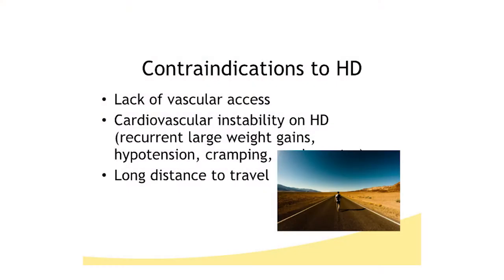What factors will tend to oppose conventional dialysis in-center? Those are lack of vascular access. So if you cannot get an arm or a thigh graft or fistula or catheter, and you have to do it in the abdomen, that's obviously for peritoneal dialysis. And a lot of those patients, like the patients with end-stage heart disease, have such poor blood flow throughout their body that they have to get it through their belly to make it a more smooth process.